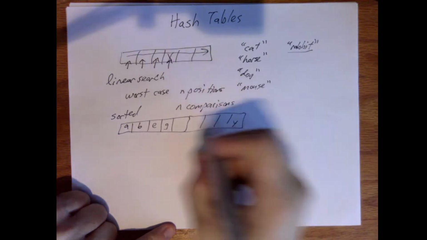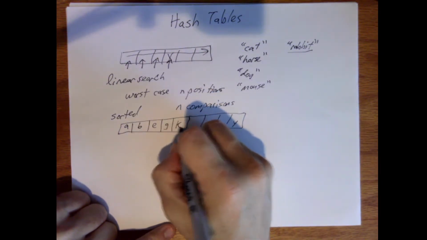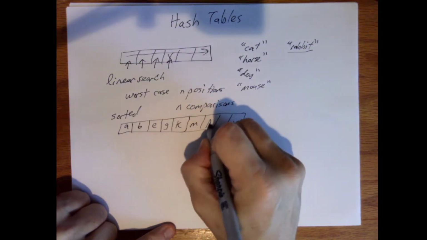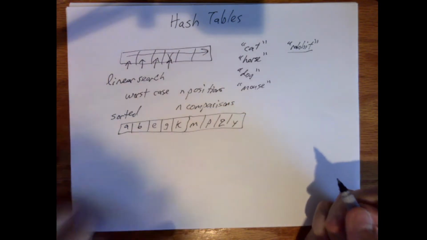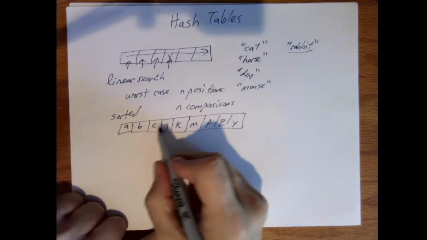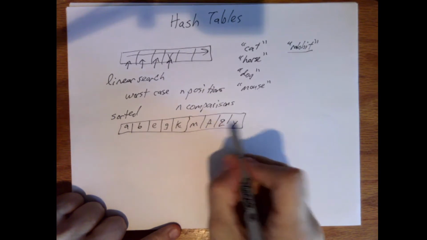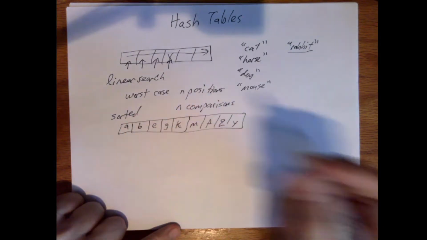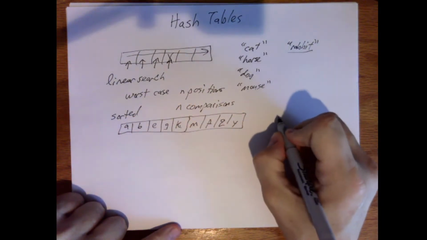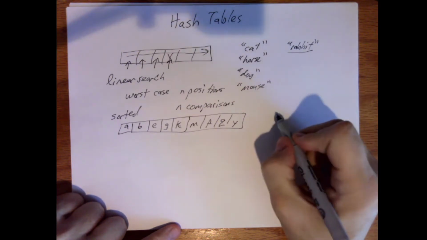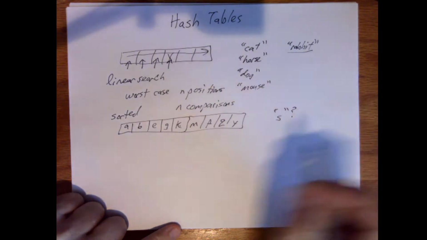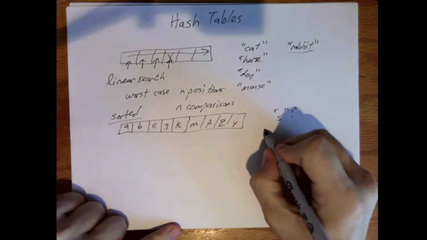Maybe Y is down here. We get something like that. So there's 1, 2, 3, 4, 5, 6, 7, 8, 9 things here. So if you ask me, is S there? If it's sorted, I can perform what's called a binary search.